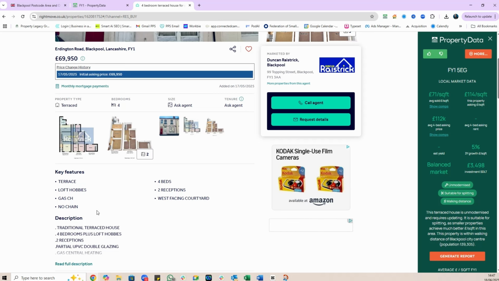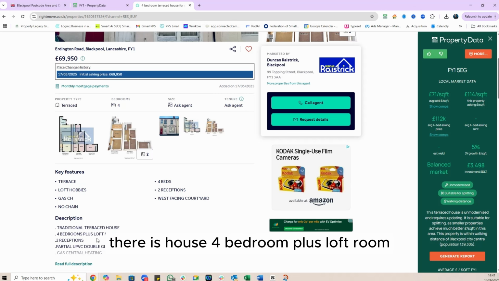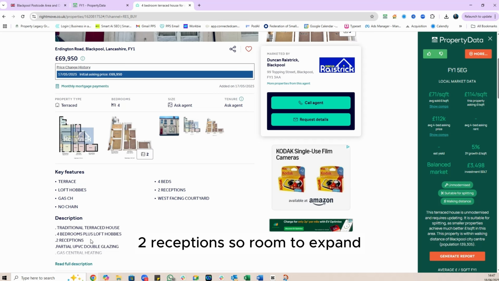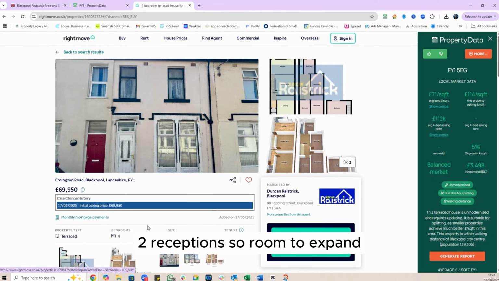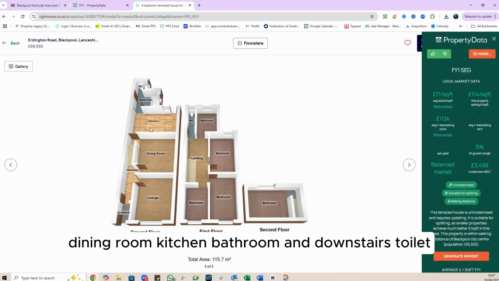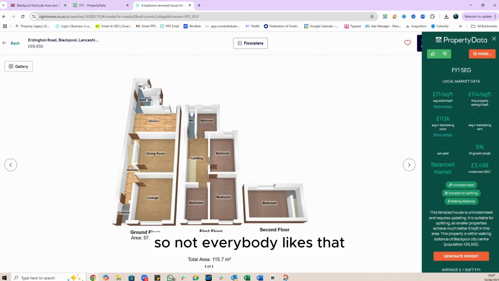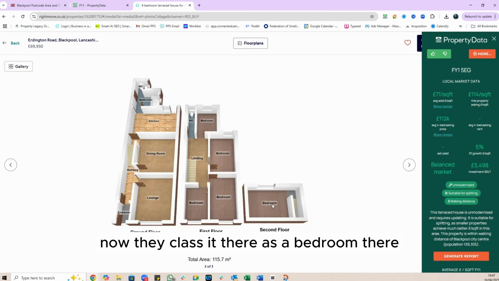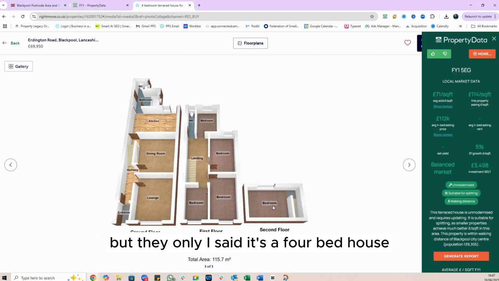No chain, terrace house, 4-bedroom plus loft room, 2 receptions, so room to expand. With the floor plan, we've got a lounge, dining room, kitchen, bathroom, and downstairs toilet. Not everybody likes that, but in this scenario, it's good. On the first floor, we've got 1, 2, 3, 4 bedrooms, an upstairs toilet, and then there's a loft room as well. They've classed it as a bedroom there, but they only say it's a 4-bed house.